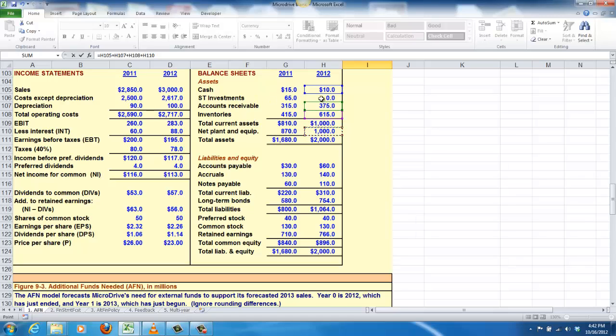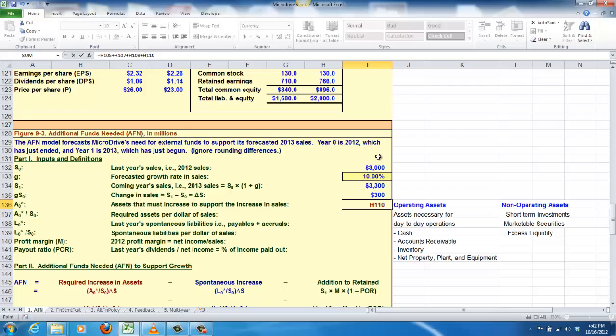Note that I did not include short-term investments, although it is just $0 in 2012, because it is a non-operating asset. It's not necessary for that asset to exist for operations. We get a total of $2,000, or $2 billion if you put that in millions of dollars, for our assets necessary to support an increase in sales.